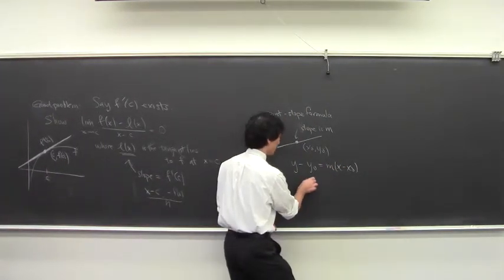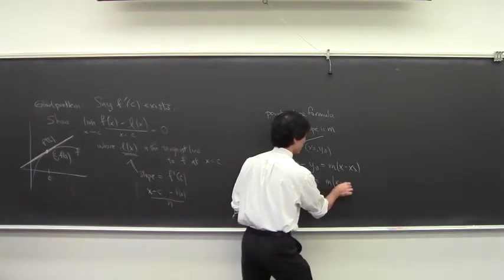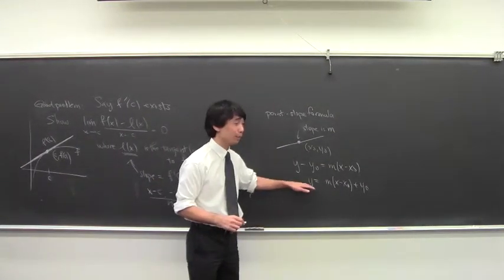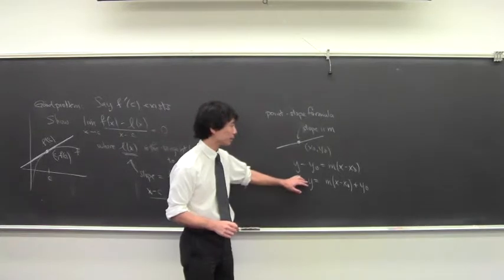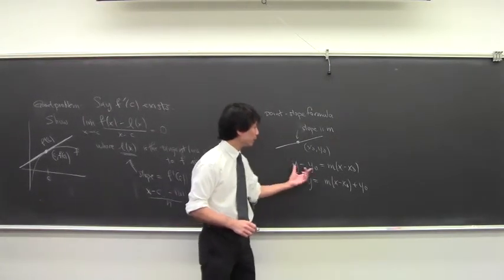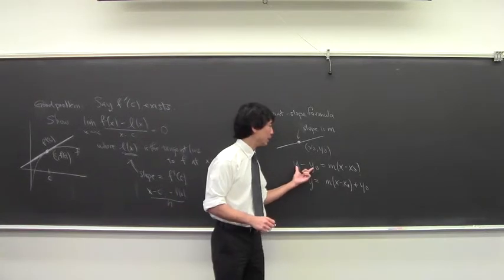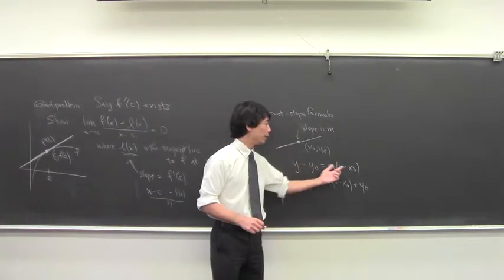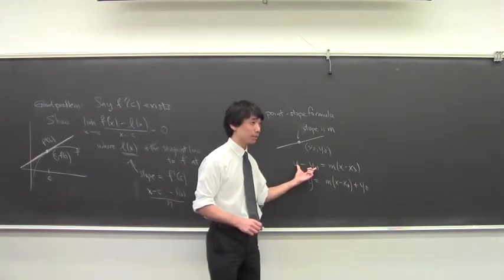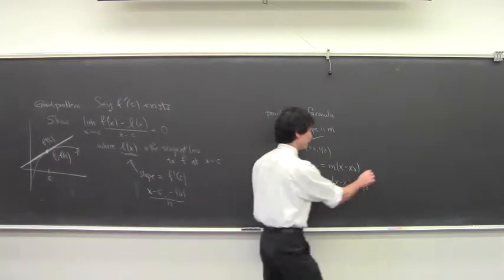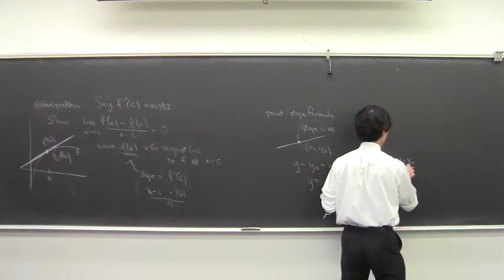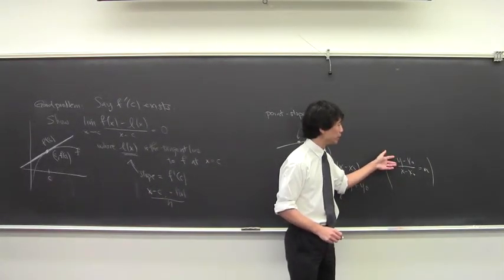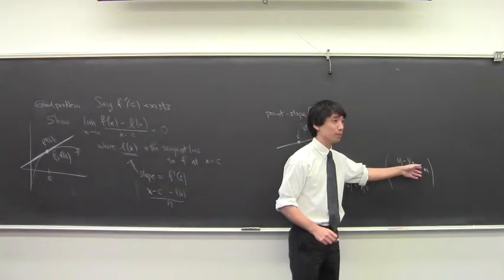That is to say, y equals m times x minus x naught plus y naught. I hope you remember this from the beginning of the course. This is the same thing as saying that y minus y naught over x minus x naught is m, that the change in y over the change in x is some fixed number m.